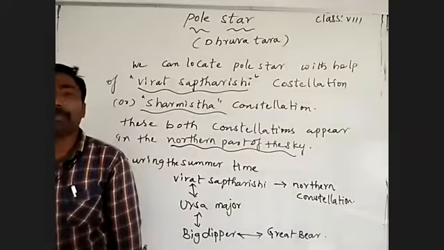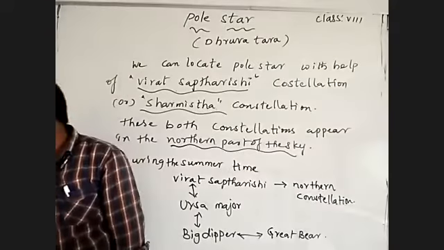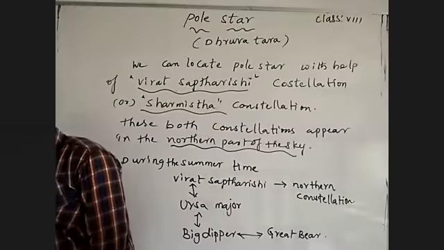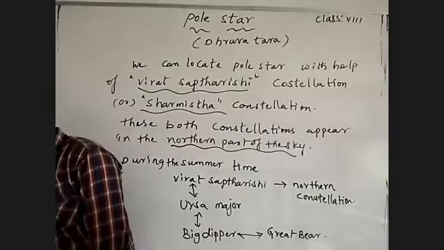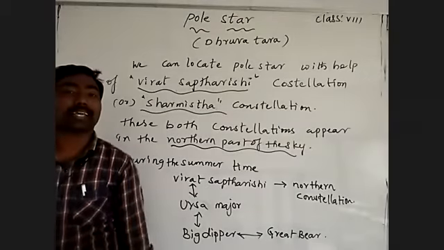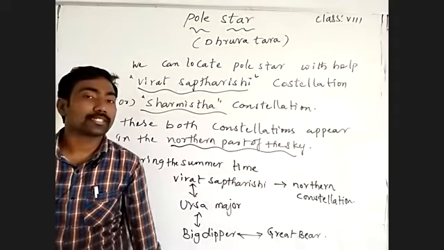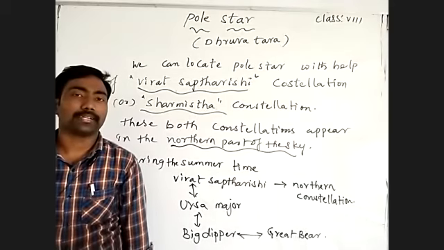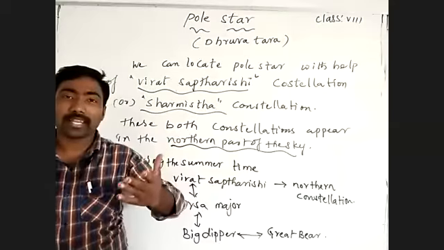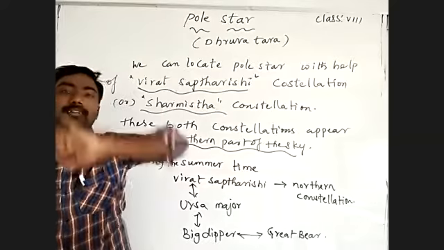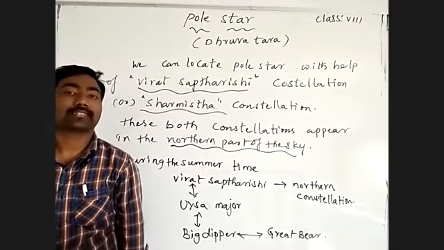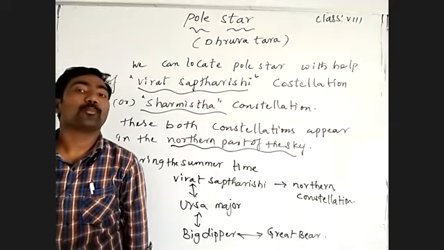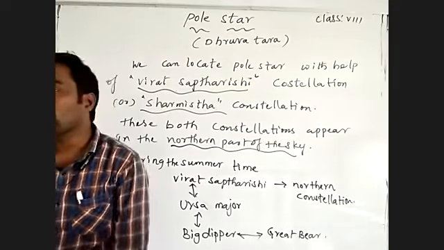Because it appears as a big dipper, a big ladle with a tail, and it also consists of a rectangular head. A part of the rectangular head points towards the brightest star in the night sky, which we consider the pole star.